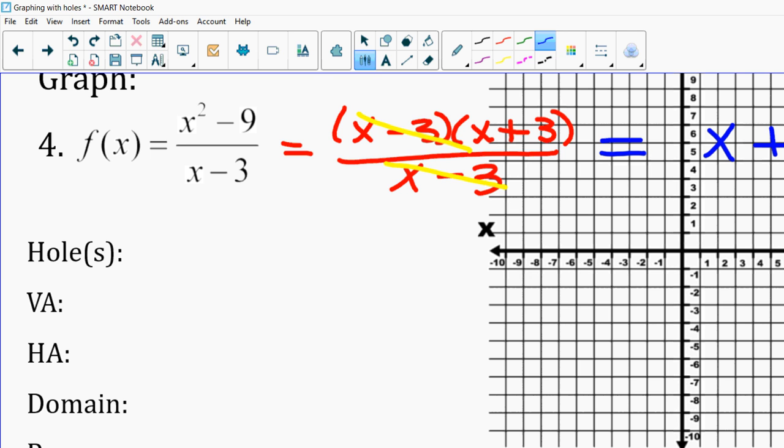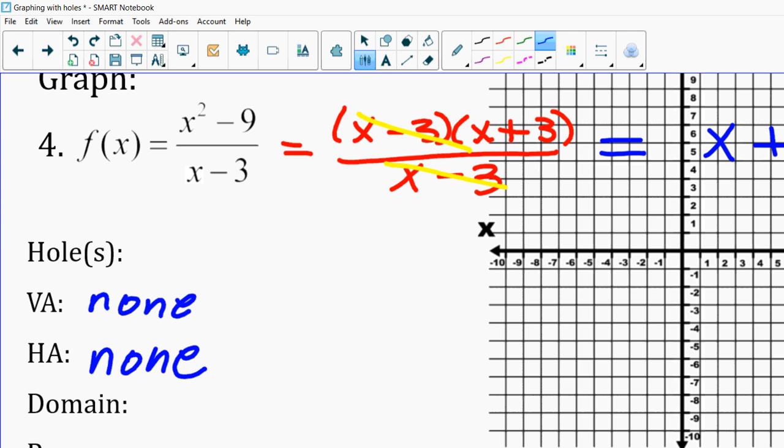The only weird thing about this one is because we factored out a common factor, this sucker's got a hole. Now, every time I'm just checking to see if it's something I can share with you. So I don't have any horizontal or vertical asymptotes, but I have a hole.